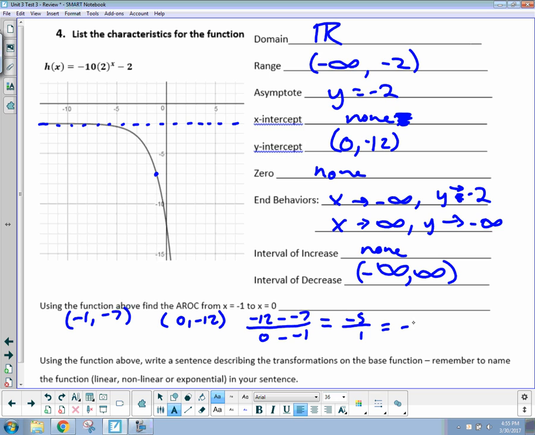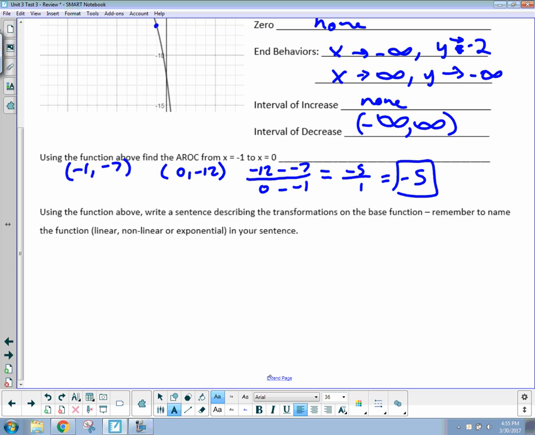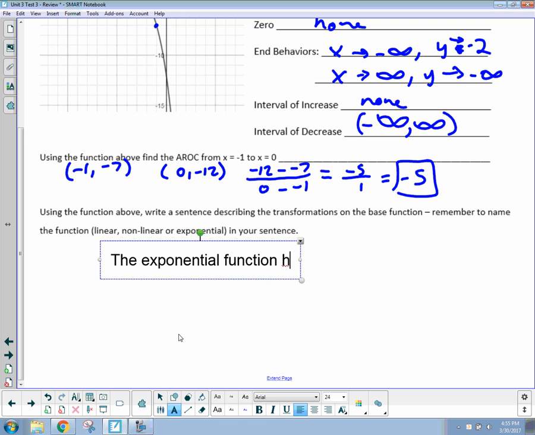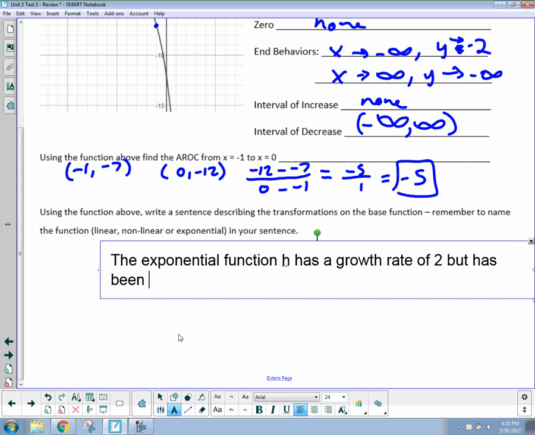Again, if we wanted a nice pretty sentence to go with this, change the font because it's really too big. Alright, we're going to say the exponential function h has a growth rate of 2, but has been reflected over the x-axis.